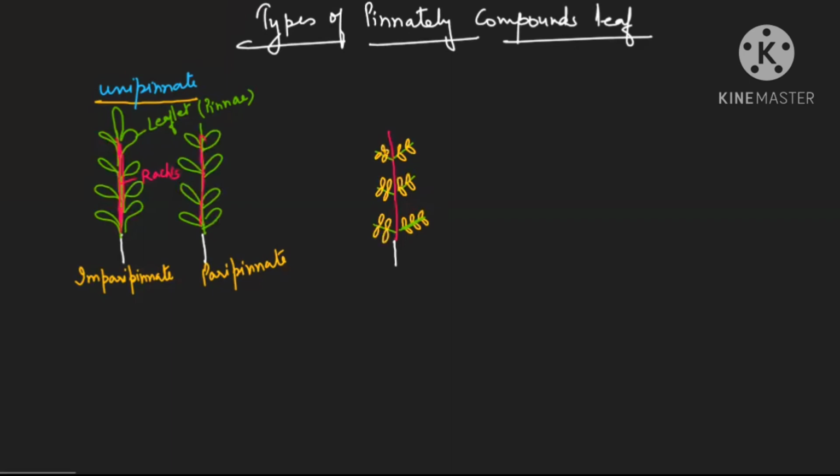So red color in the center, this was rachis, and this green color is known as rachilla. And these which I have drawn are now known as pinnule. The pinna has become pinnule. Second time the incision has been done, so this is known as bipinnate.